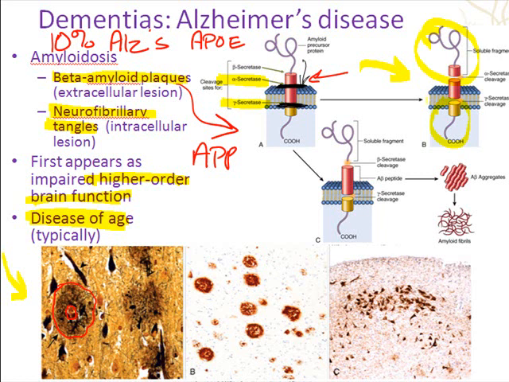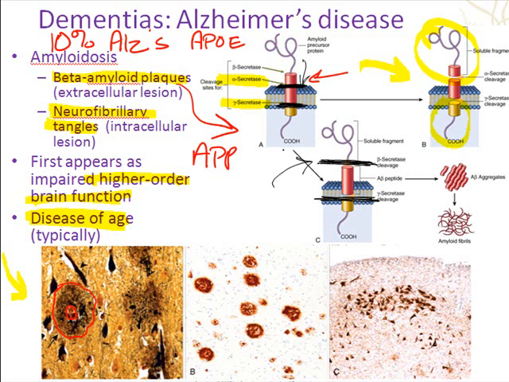An individual who has Alzheimer's disease has an altered ability to break down old and decaying APPs. Instead of cutting them with the alpha secretase and the gamma secretase, they use beta secretase and gamma secretase. So we still get our cutting here at the gamma secretase, but we get the beta secretase cutting right here.